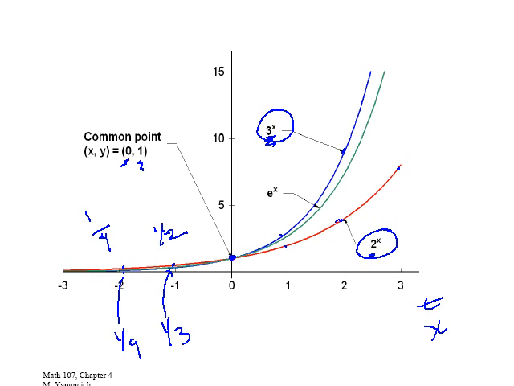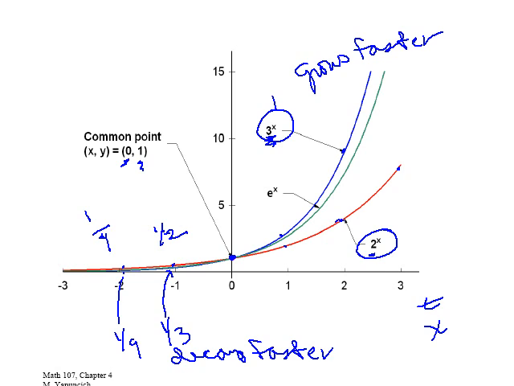So for a bigger base, it grows faster and it decays away faster. That's why you see the red line here at the bottom for the growth phase, but here in the decaying phase you see the red line on top.